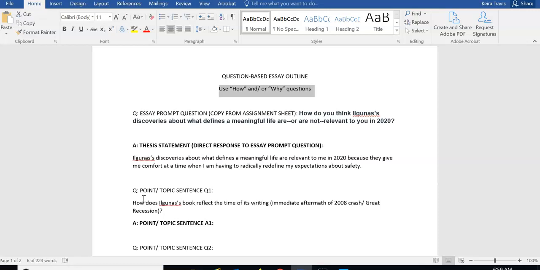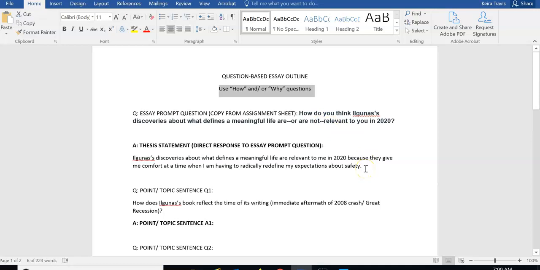Your how or why questions have to relate back to the thesis and the essay prompt question, and they should be narrower in scope, because of course a topic sentence is like the thesis for one paragraph. They have to be narrower in scope than my big how question, but they have to relate to the big how question. So they kind of take a chunk maybe out of the big question.